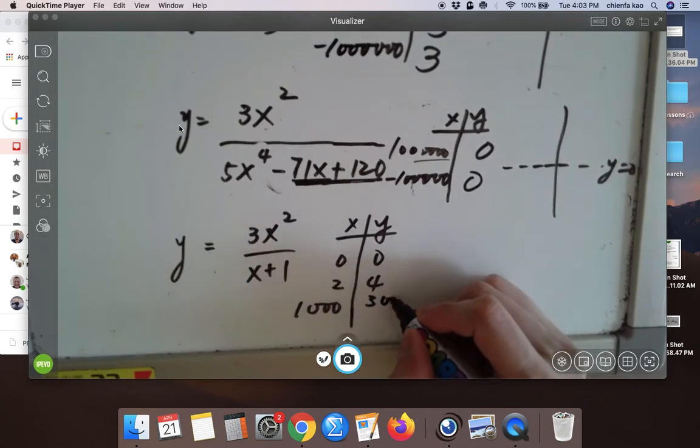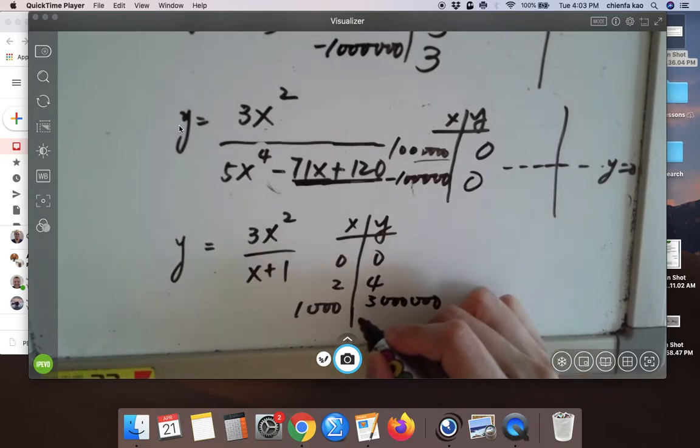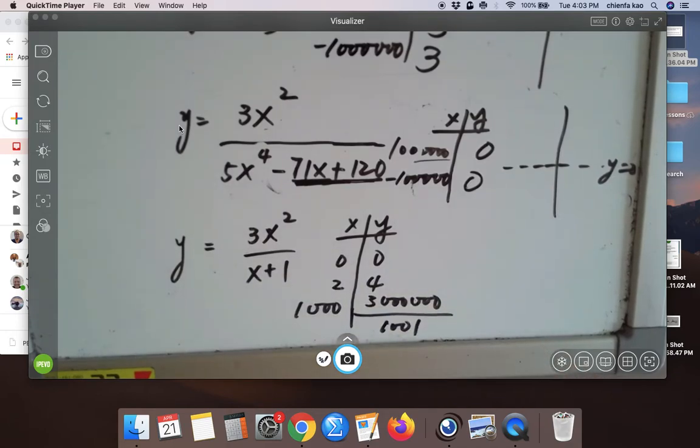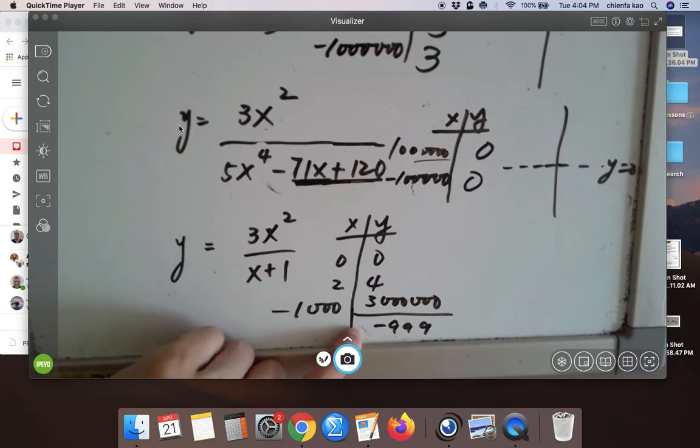You have 3, 1, 2, 3, 1, 2, 3, divided by 1, 2, 3, 0, like this. And if you plug in a negative version of it, you would just get something like negative 999. So this time it doesn't matter what number you put in.